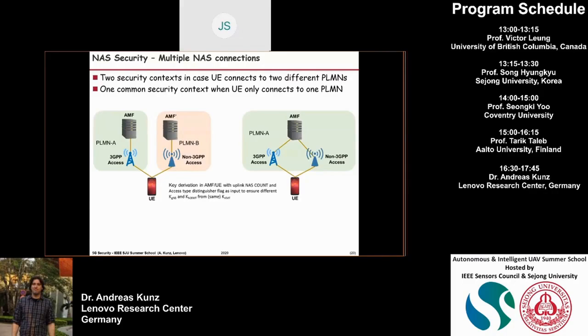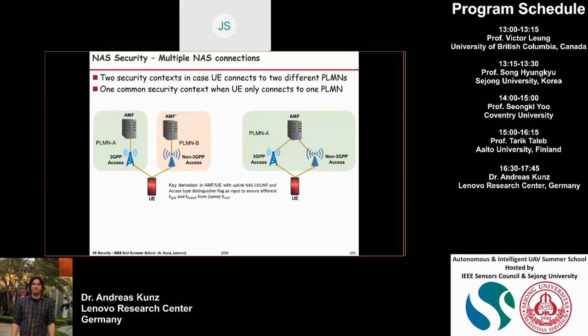Even the non-3GPP access provider could act like a roaming network, and the UE would have then, in the specific case, two different AMFs, if it would be connected to the 3GPP access and to the non-3GPP access.